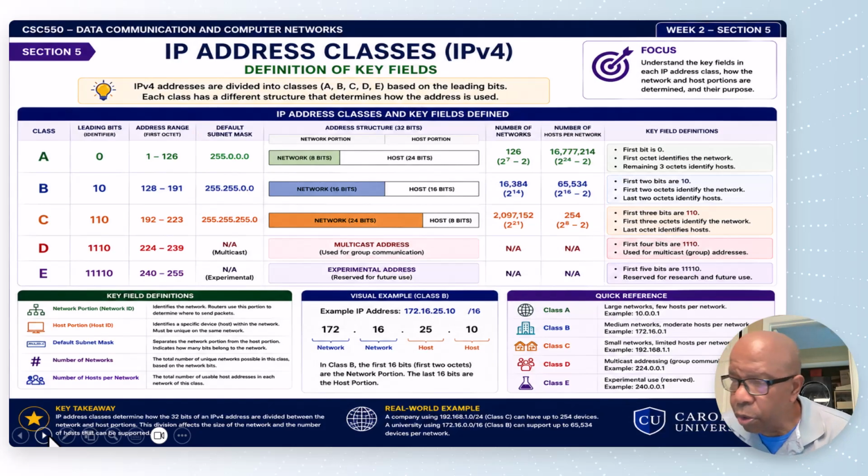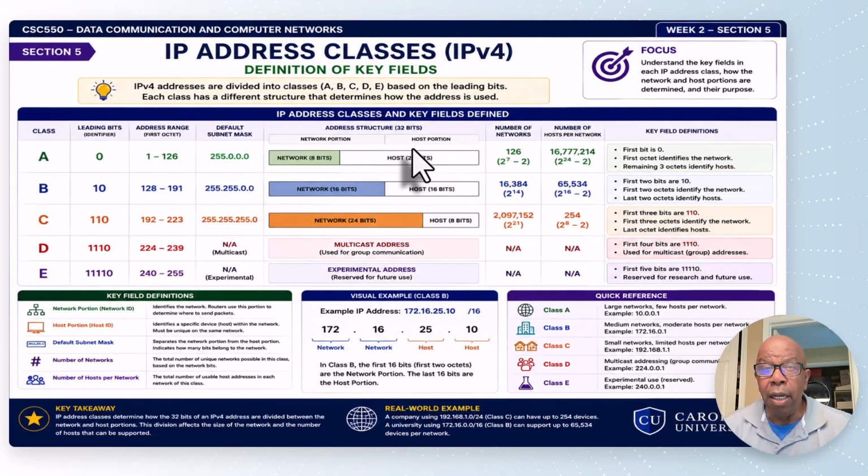The thing I want you to look at is where classes concentrate. A class is saying that not every network, not every company, needs the same number of IP addresses to be available.